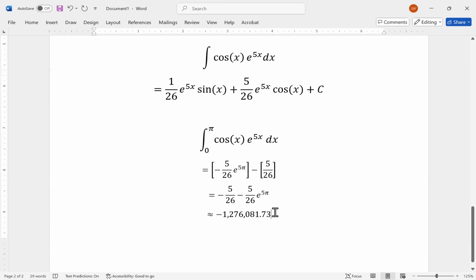I typically skip right to this last step, and I typically don't do definite integrals here because usually we have technology. And sure enough, if you want to do an integration using technology, you can integrate cosine of x times e to the 5x with respect to x from 0 to pi, and you should get the exact same answer.